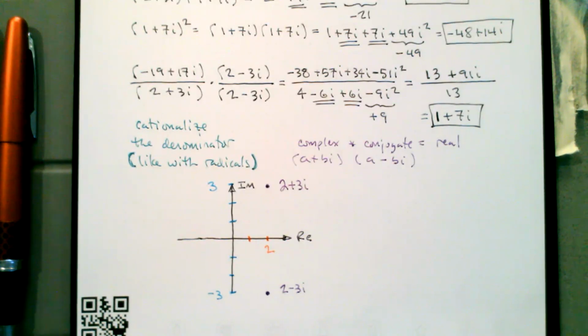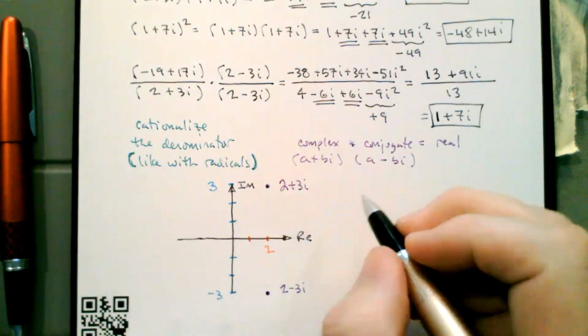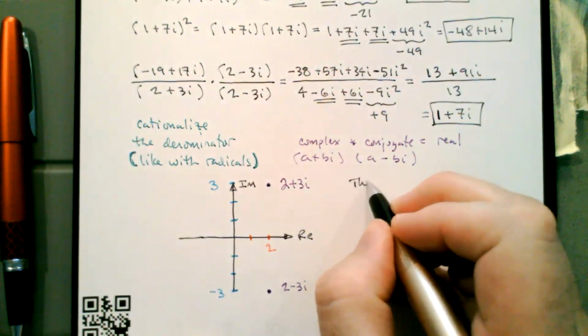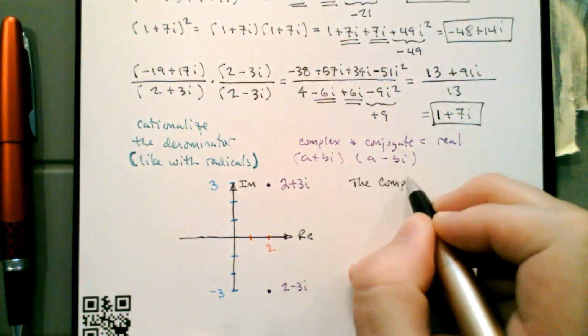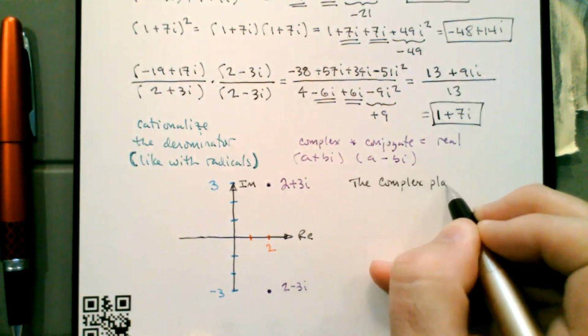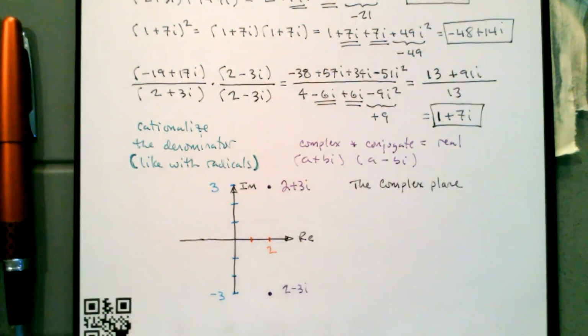So we're looking at these complex numbers sitting in the complex plane. And then we start to get suspicious because we're in a math class and we had just started talking about vectors and breaking vectors into components.